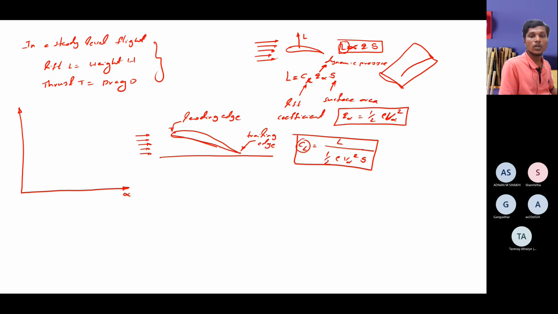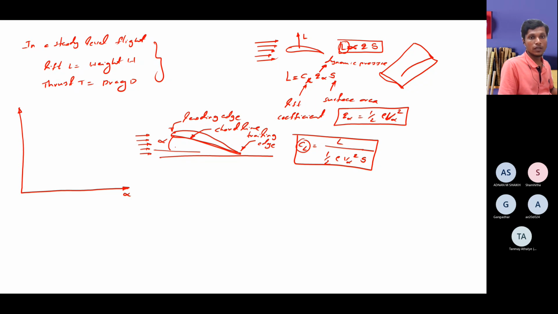Just join these two with a straight line. The angle between the incoming flow, if your incoming flow is horizontal, and this straight line, which we call the chord line, is the angle of attack, and the symbol is alpha.